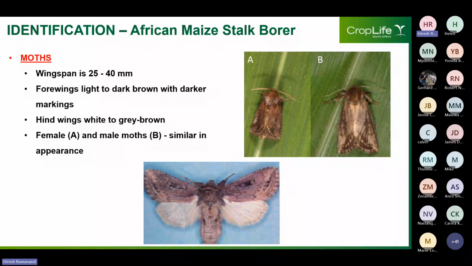Hindwings are white to gray-brown, as we can see here. It may not be too clear, but we can see the white and then going to gray-brown there. I think it becomes very clear that both male and female moths are quite similar in appearance, and that is quite clear on all of your screens as well.